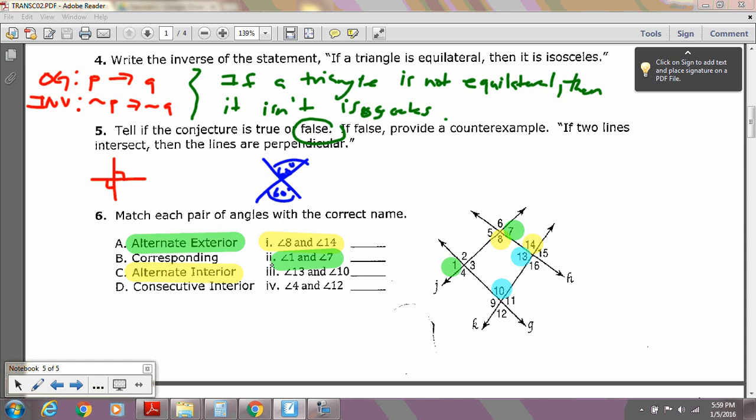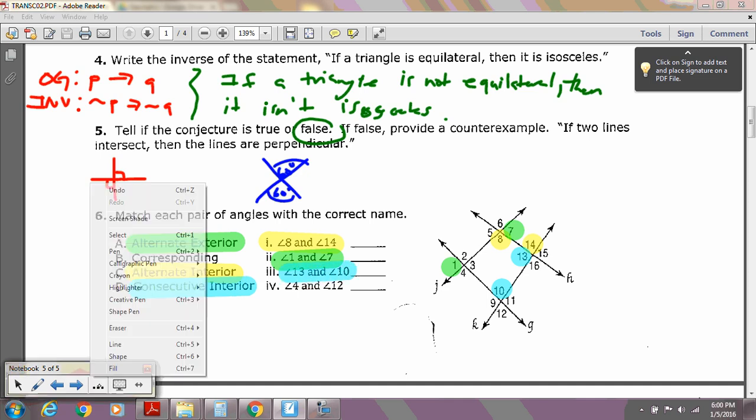So same side inside means that they are consecutive interior. Same side inside, consecutive interior.